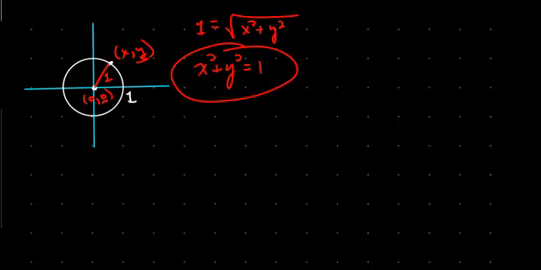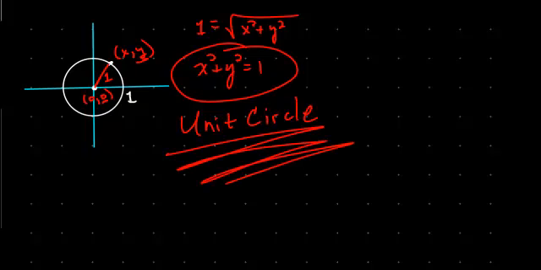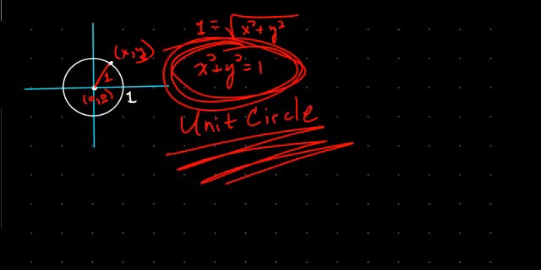And that, ladies and gentlemen, is the unit circle. Put that one in the memory banks. We're going to need that one big time in the future. And for those of you moving on to calculus, you're always going to be referring back to this unit circle. Its uses are unimaginable, how much you can do with this unit circle.